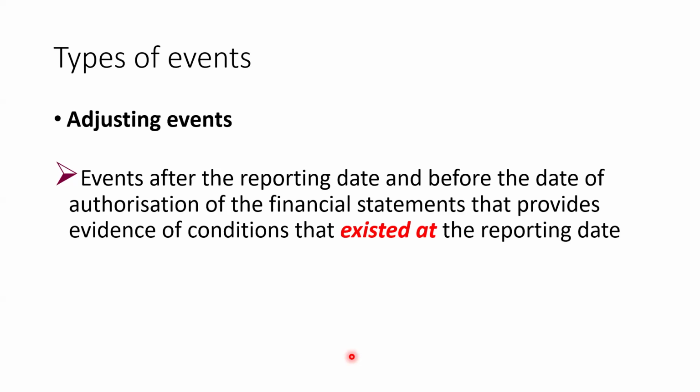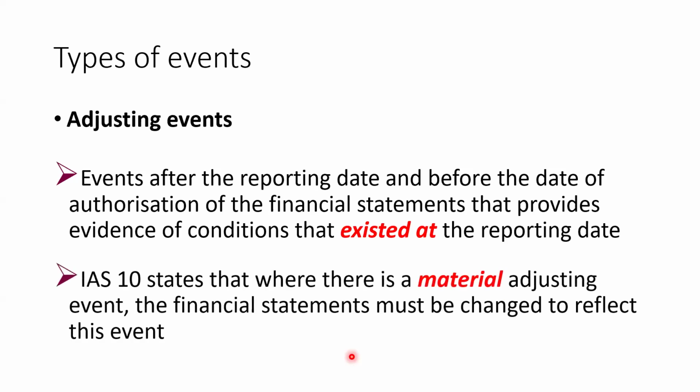Although they are happening after the reporting period, they give you evidence of something that already existed, probably started way back within the reporting period. That's what we call an adjusting event. I'll give you examples, so don't worry.